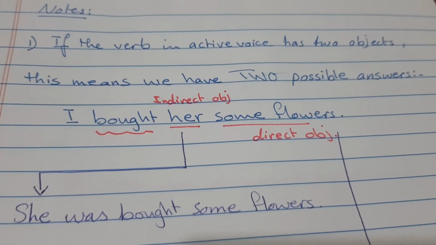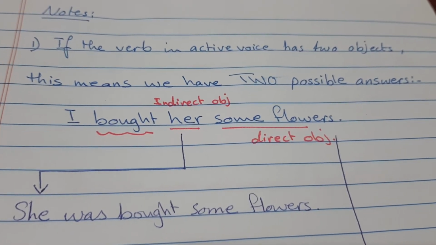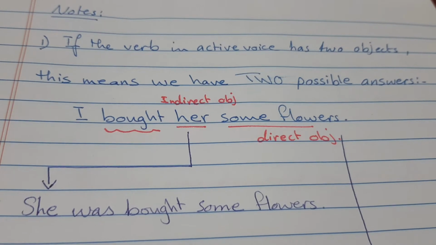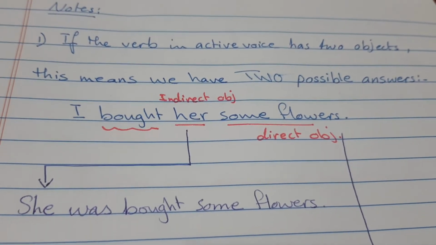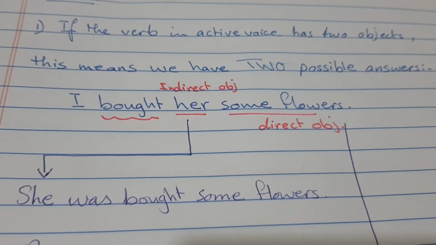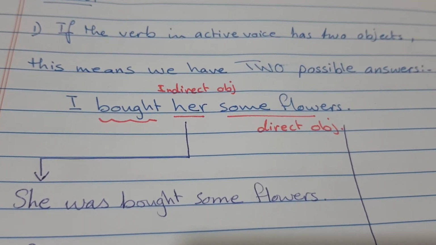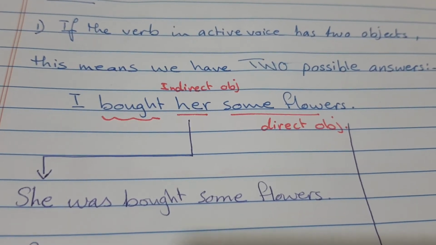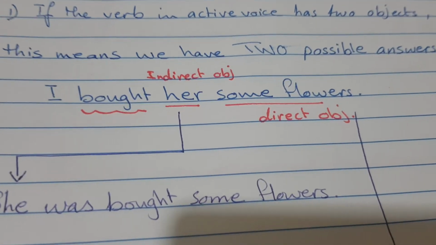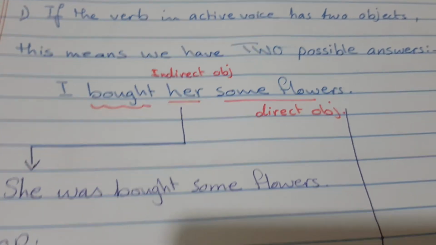When a verb takes two objects, one of the objects must be like a human being, and the other one is a thing, an animal, a matter, whatever. So for human beings, they are called in grammar indirect object, and the thing is called direct object.